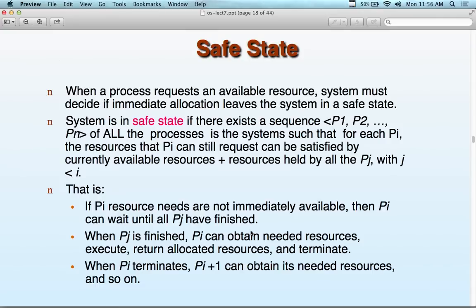When a process requests an available resource, the system must decide if immediate allocation leaves the system in a safe state. So on an operating system, you have to decide, well, if you're going to go from first gear to reverse, we're going to go into neutral first so we can determine if it's going to be safe. If not, we're not going to allow it. We're going to lock it. Actually, sometimes you have to slow your car down a little bit.